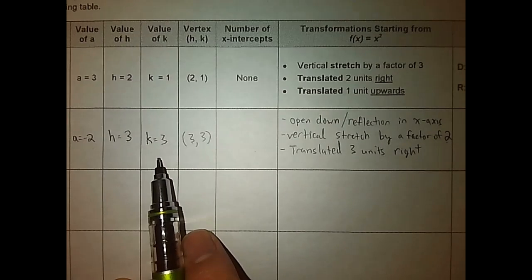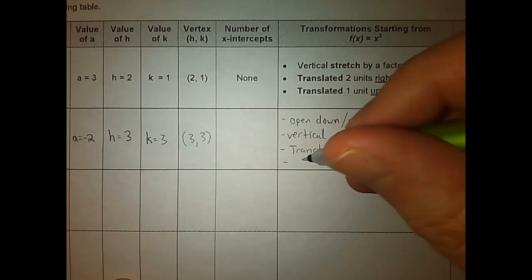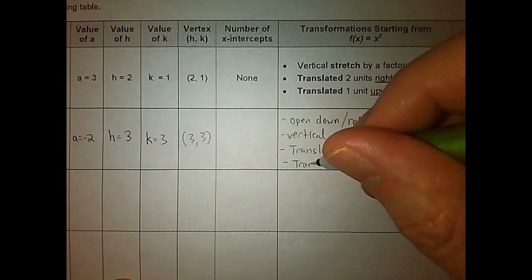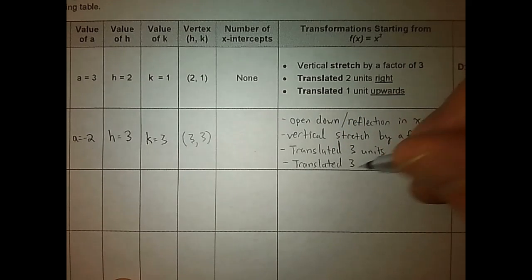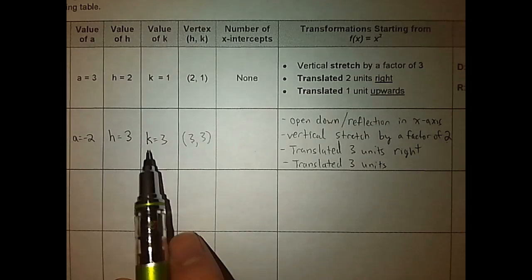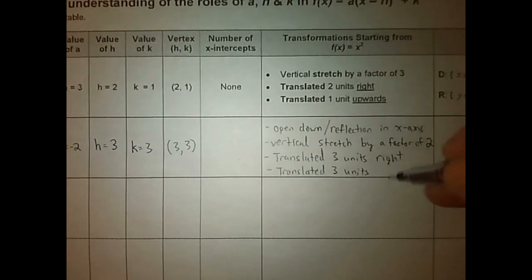The k value means we translate up or down. So we're going to translate three units, because the k value is 3. And since k is positive, plus 3 in the equation, we're going to move upwards.